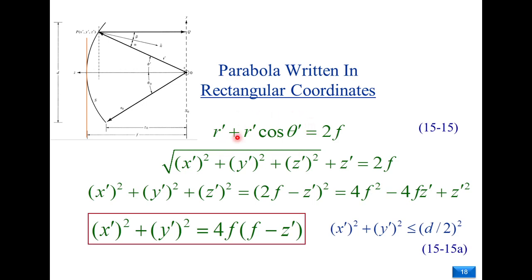So the condition for a parabola, if we go to the Cartesian coordinate system, any point here would be the square root of x prime square plus y prime square plus z prime square. This is R prime, and this part would be z prime. So this is R prime cosine theta, or this is OB, and this is BQ. We need this to equal 2f.